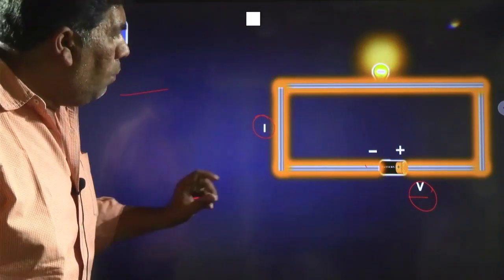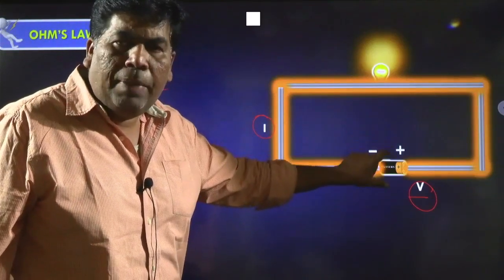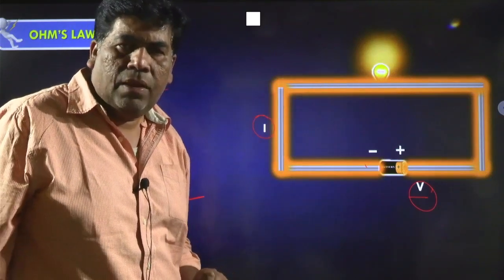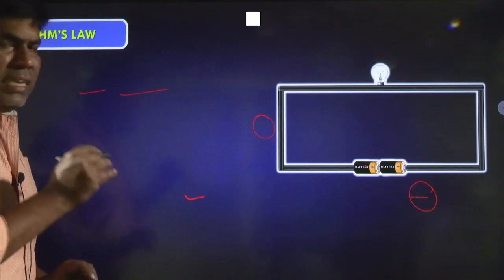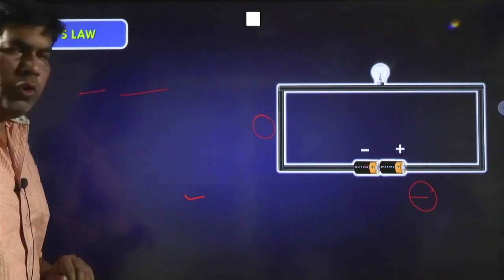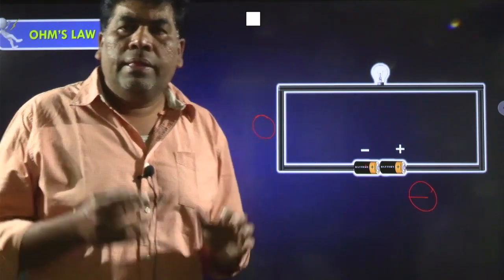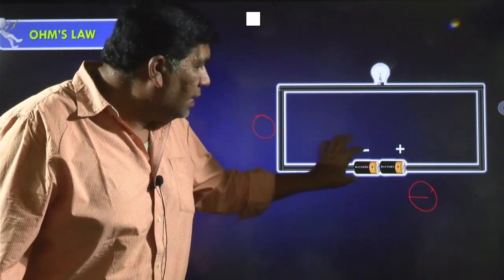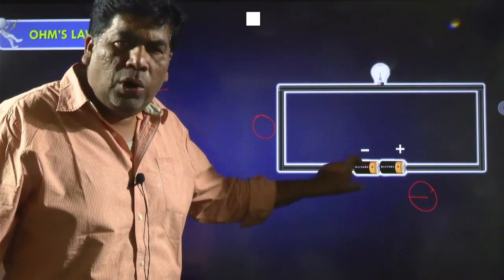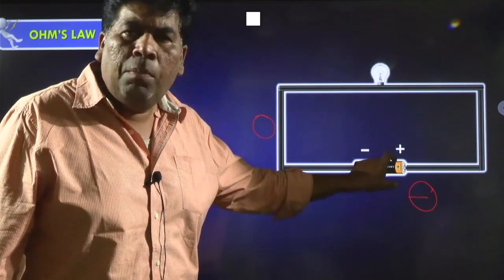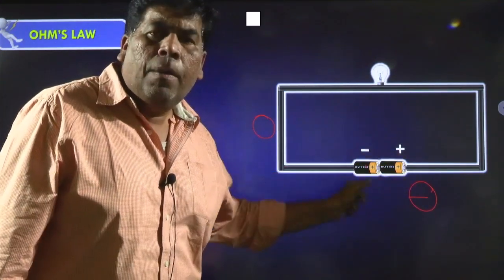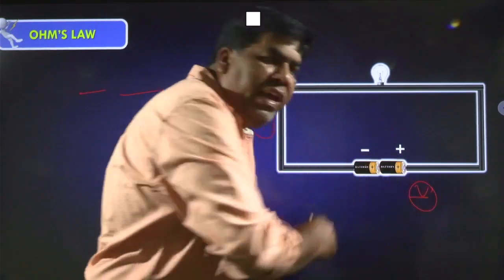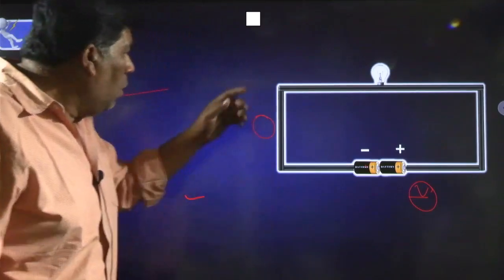Here we have attached one battery and the bulb is glowing with this amount of intensity. Now, if we attach two batteries, the amount of voltage supplied across the conductor increases. We are adding one more battery, which means we are increasing the potential difference, the value of V, across the conductor.